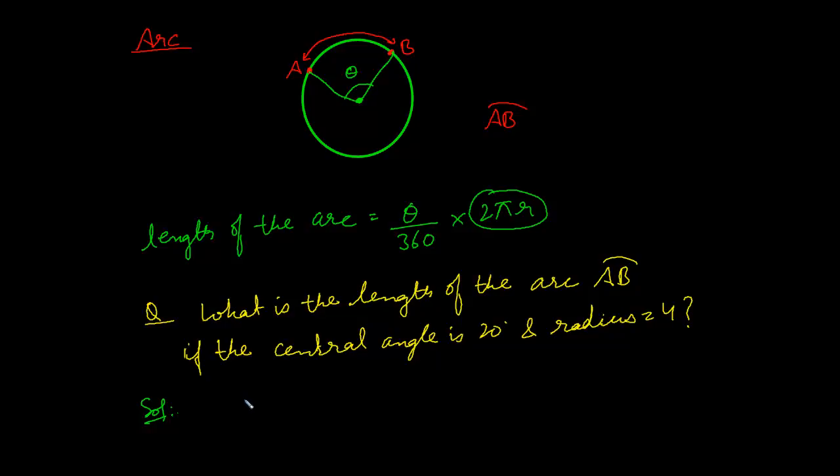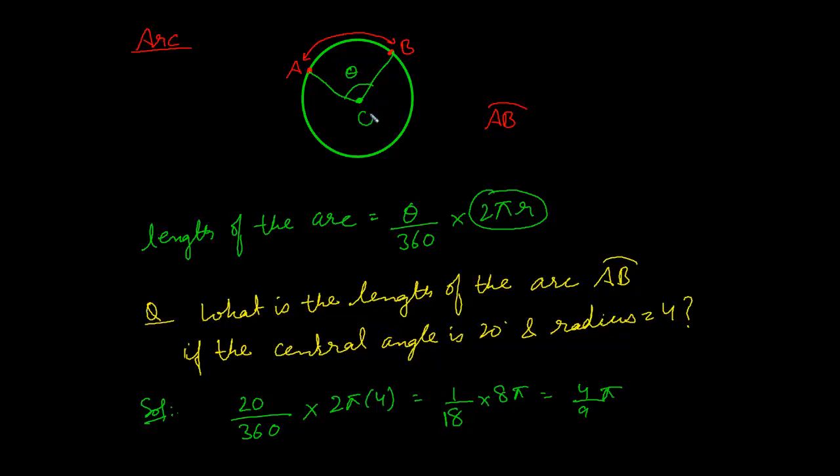The angle is 20, so we have 20 over 360 times 2 pi r. This becomes 1 by 18 times 8 pi, so this becomes 4 by 9 pi.